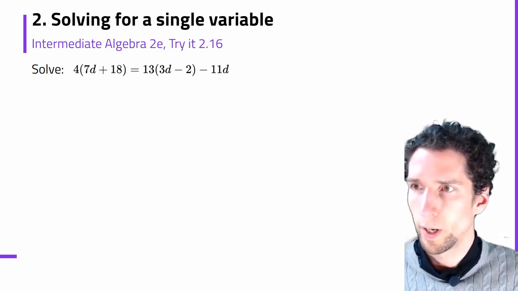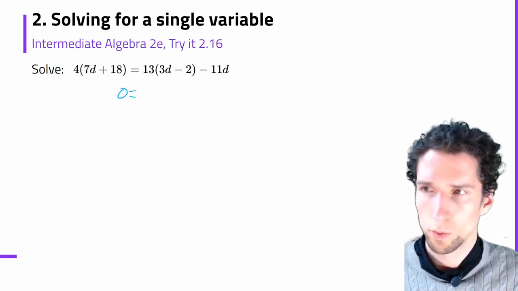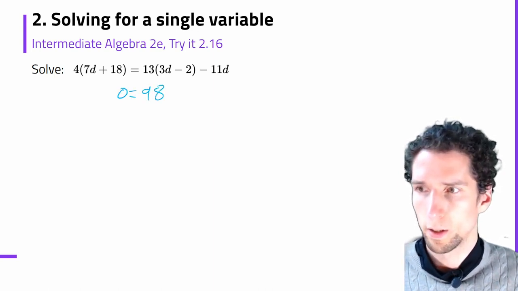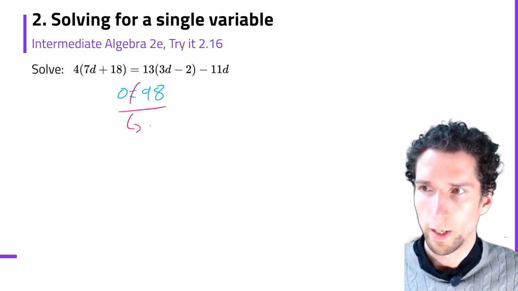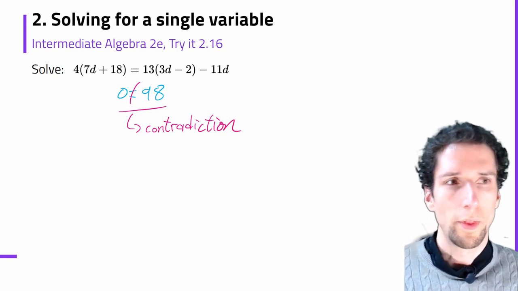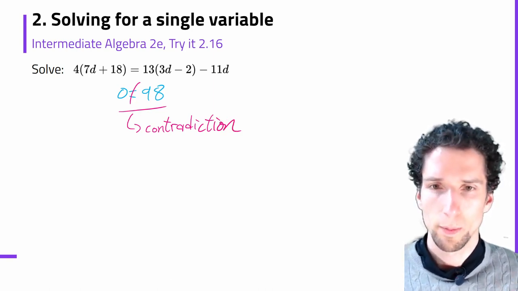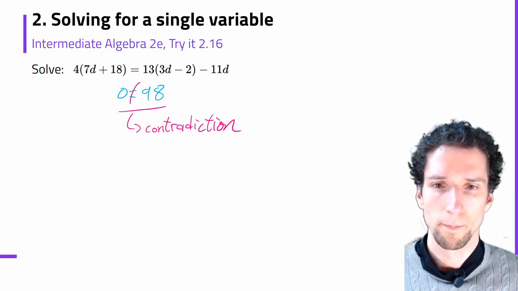When I simplified, the d's disappeared, so I ended up with 0 equals 98. But of course that is not true, so a contradiction. So that was my result. Hopefully you got the same thing.